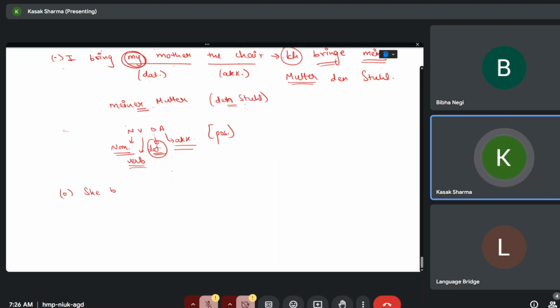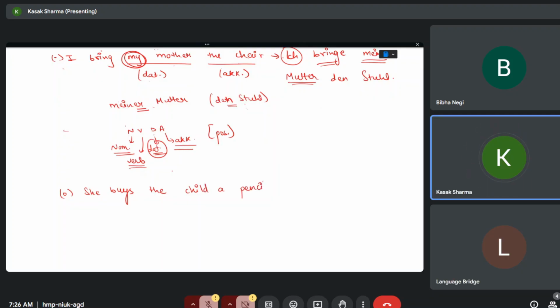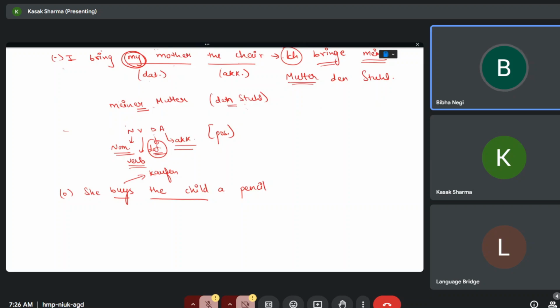Now one more: she buys the child a pencil. What is the verb for buy? To buy is kaufen. Kaufen is your wechsel verb. The child is das Kind, and this is your person.